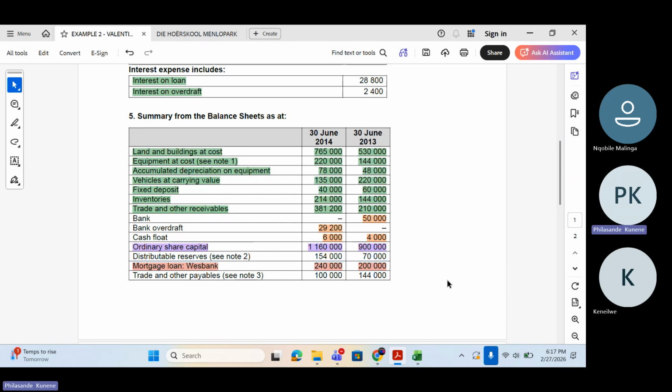So which means now what happened here? Did we borrow more money or did we pay it? We borrowed more money. Yes, exactly. We borrowed more money. So how much additional money did we borrow here? 40,000. That is going to be the 40,000 rands.